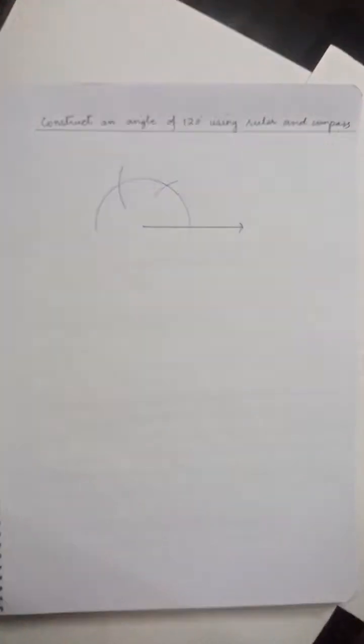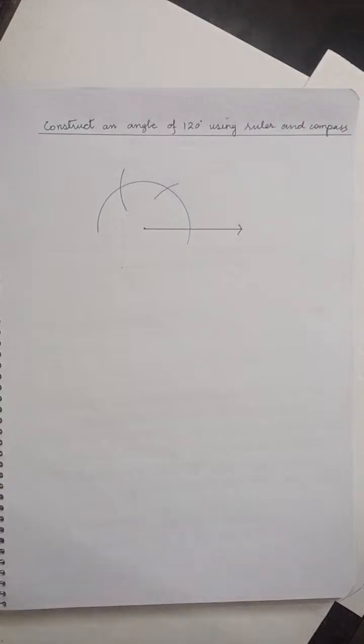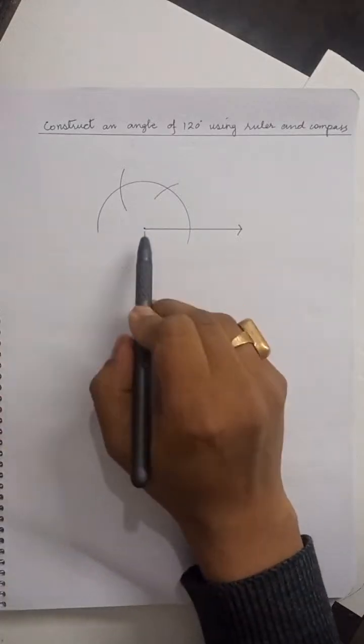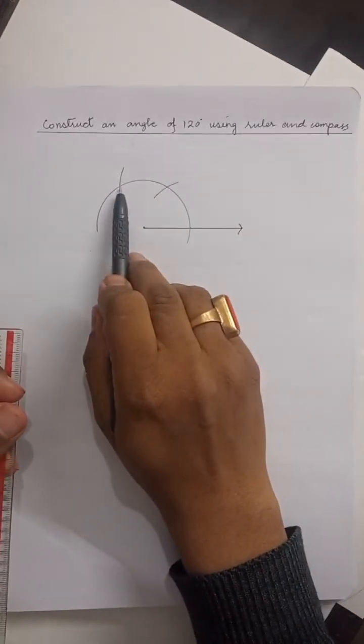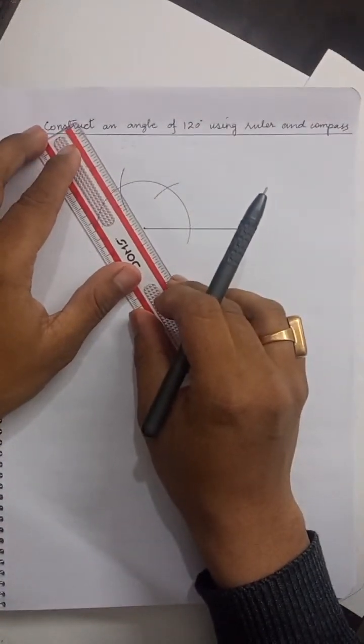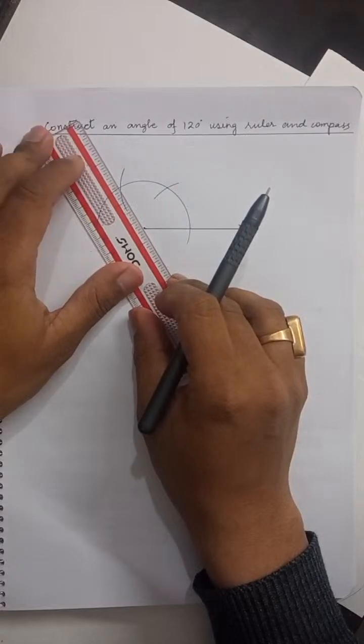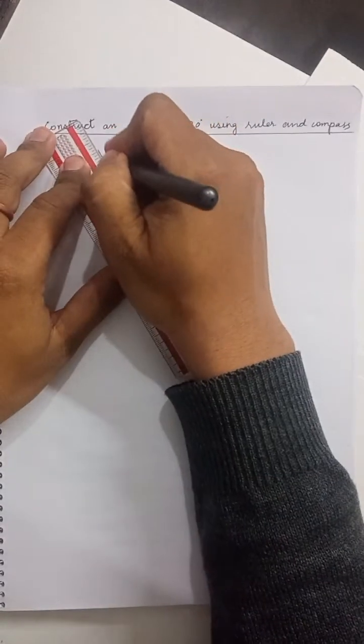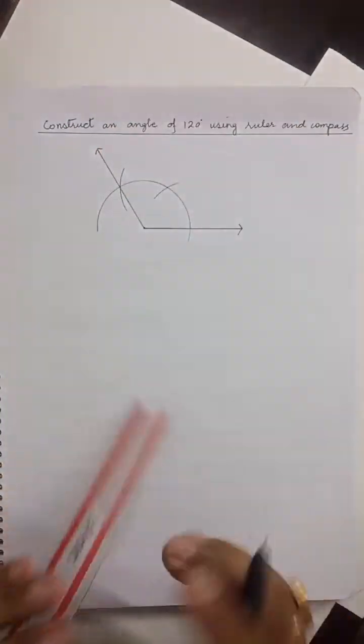Now we will draw a ray through this intersecting point, and this is our 120 degree.